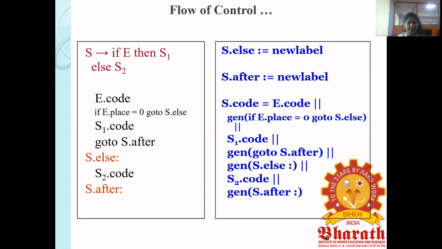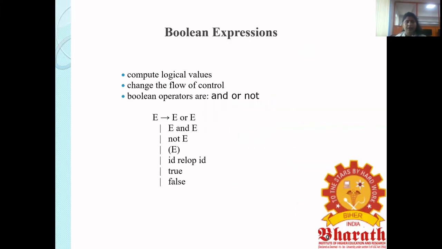After that, generate S.else, then S2.code, then generate S.after. So this is how the if-then-else works for the flow of control statement.